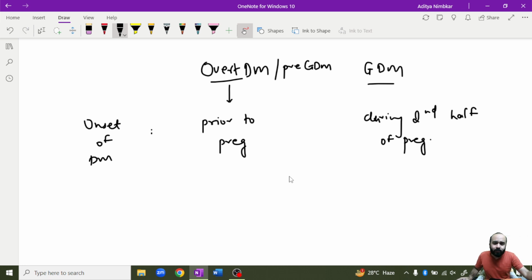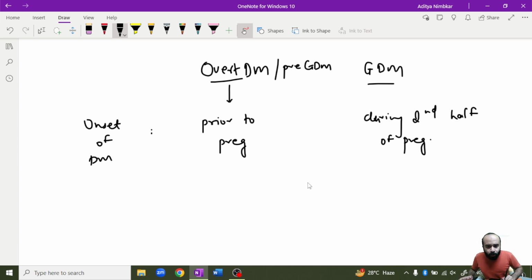As we all know, type 1 is basically diabetes occurring because of lack or deficiency of insulin. It might be because of some pancreatic disorder, or some infection to the pancreas or pancreatitis, or it can be type 2 wherein there is insulin but there is resistance to that insulin. So there is resistance at all the insulin receptors.